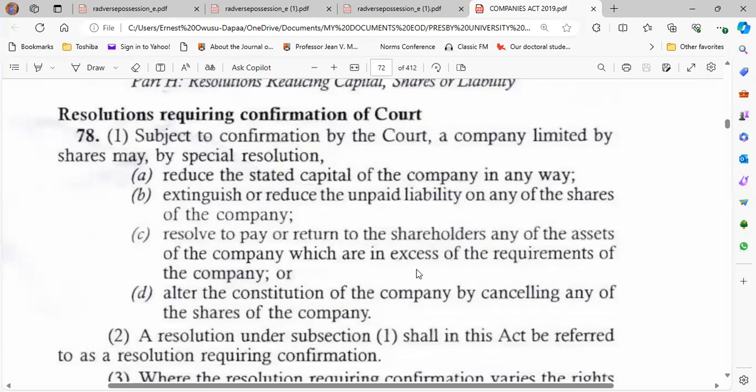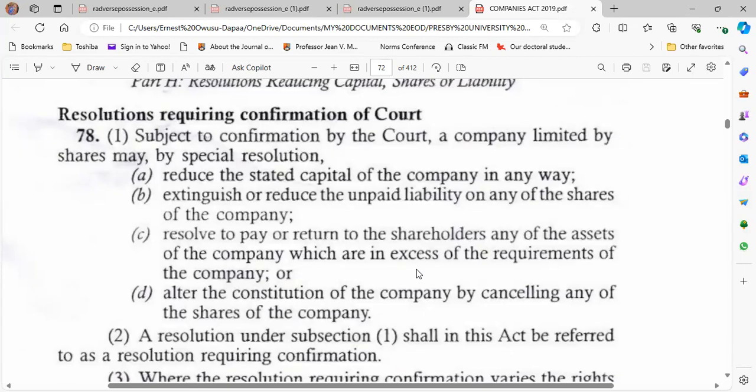Or if you want to extinguish or reduce the unpaid liability on any of the shares of the company. Mind you, when we're discussing the statement of the capital maintenance doctrine as reflected in section 58, if you remember, in section 58(1)(a), we're told that except as provided in this Act, a company shall not alter the amount of money remaining payable on those shares.